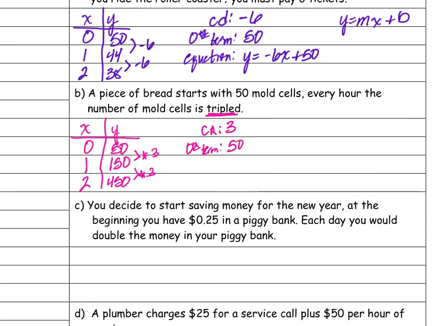Okay, and then my equation, so I'm having a common ratio, so I'm using the equation y equals a times b to the x power. So my equation is going to be y equals 50 times 3 to the x power.